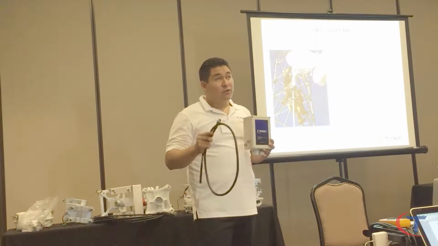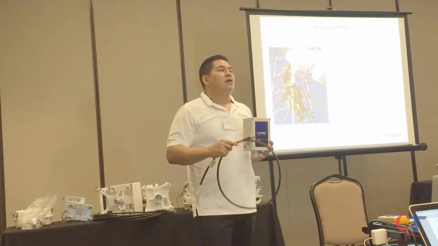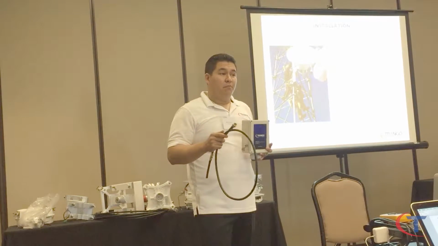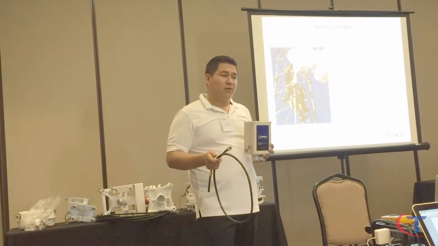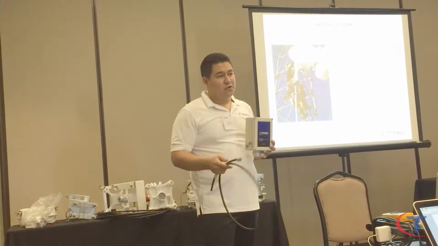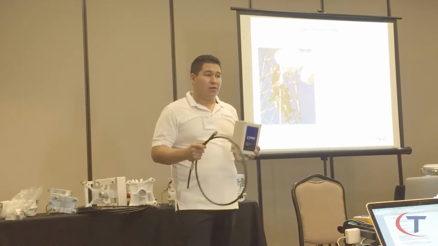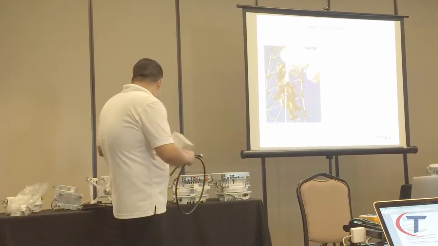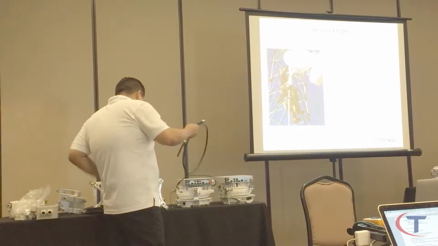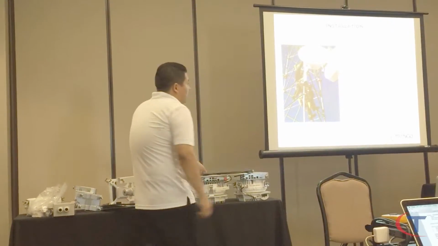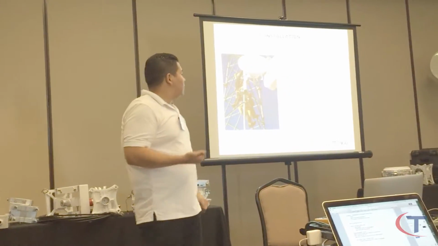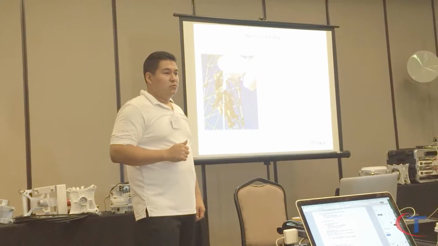So 200 feet, 250 feet is recommended. You can go further out, but what's going to happen? You're going to drop power, and instead of getting a gig connection, you're going to drop to a 100 meg connection. So I wouldn't recommend it.